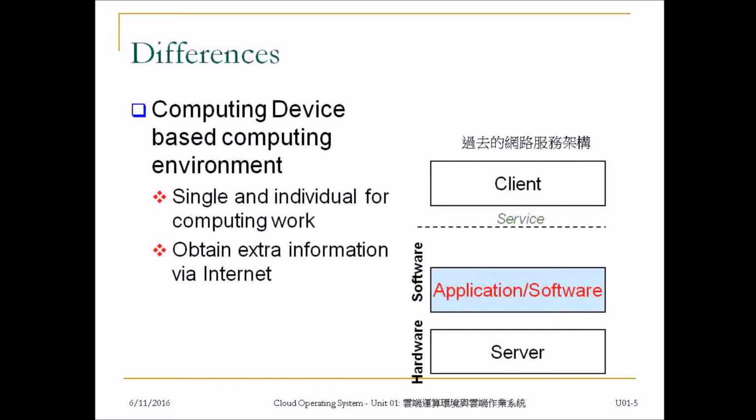Now, cloud computing users can use any device to connect to the cloud server. In addition, the required computing resources, such as CPU speed, memory size, and hard disk space, can be given on demand to the cloud server.